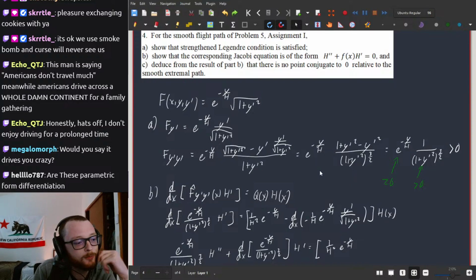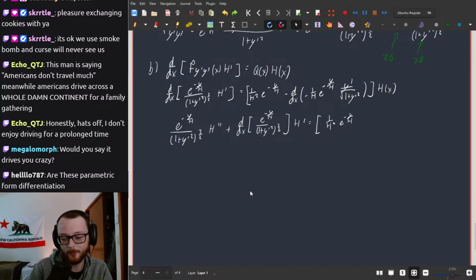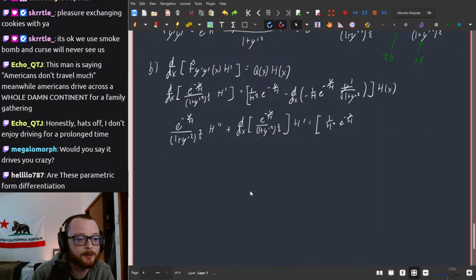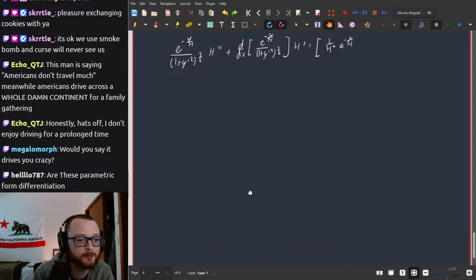Hello, hello, 787. Are these parametric form differentiation? I'm not sure what you mean by that. Basically, I'm not sure if you know what this means, but I'm in a calculus of variations class, and what you often have to do is you have some expression involving x's and then a y of x and also maybe a y prime, just some mixture of x's, y's of x's, and y primes.